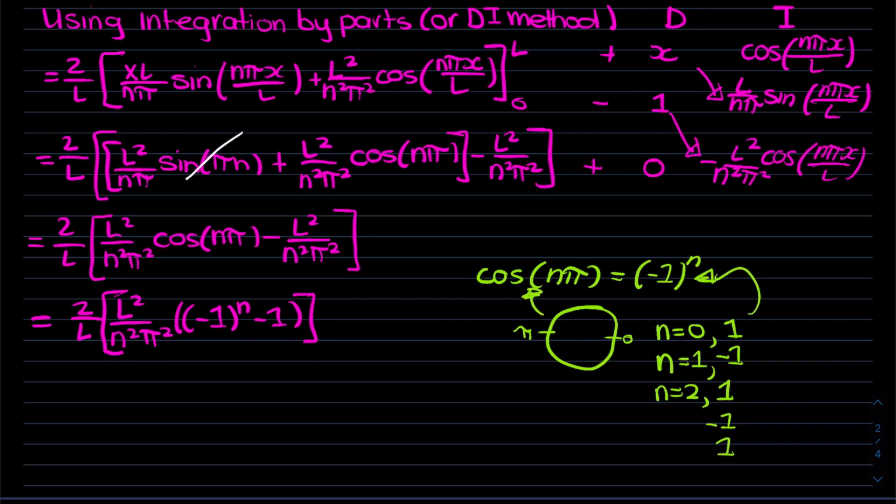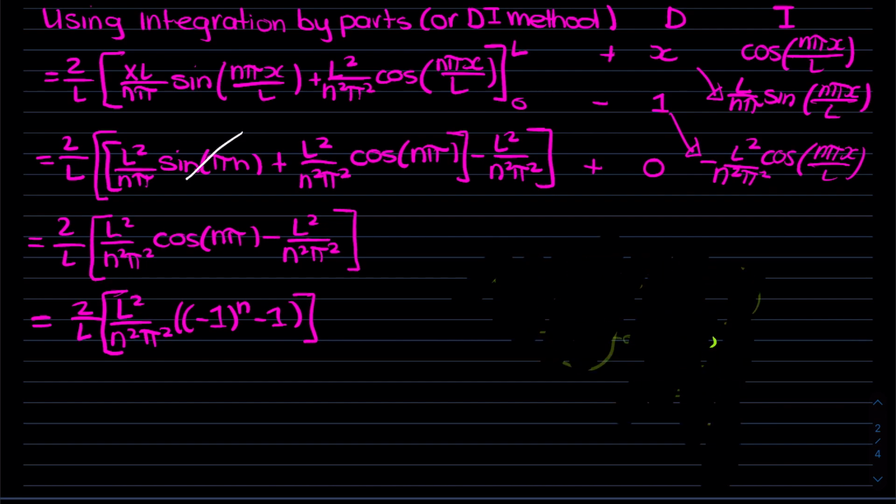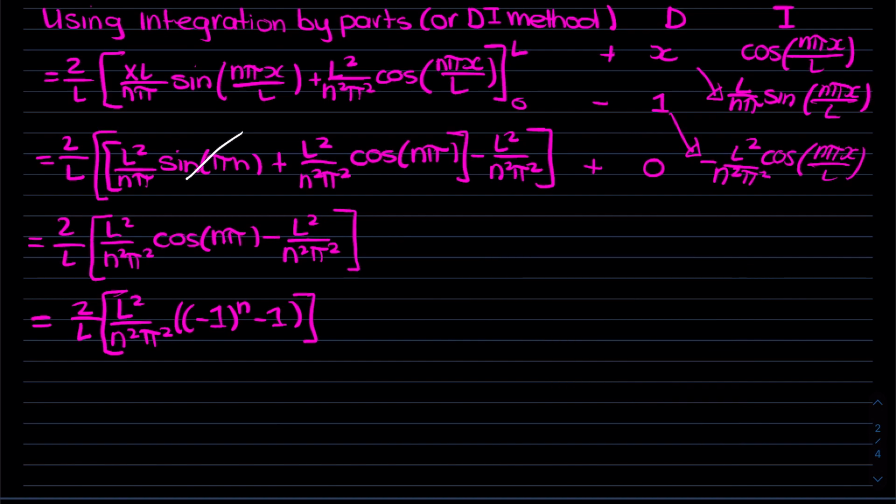And with that, we can just rewrite it. Go back to pink here. And simplifying that further, oh, we're still in green, we get 2L over, that cancels with that, 2L over n squared pi squared, minus 1 to the n minus 1.